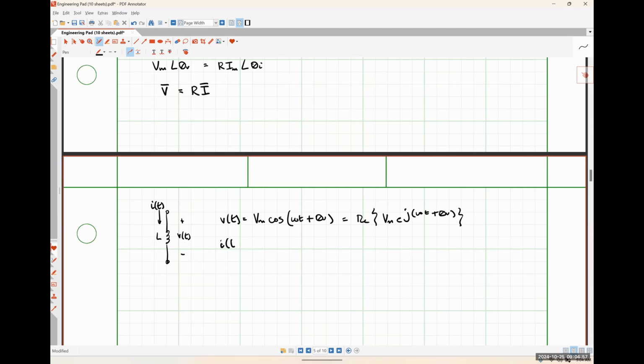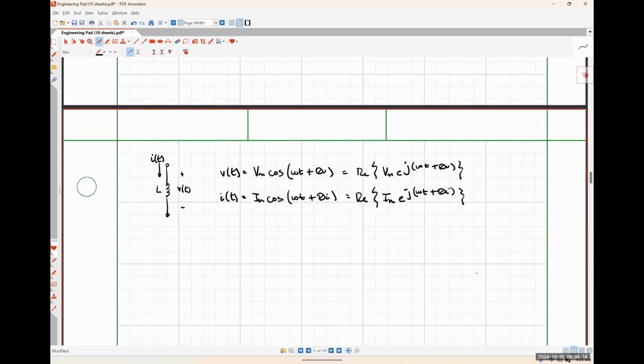And i of t is equal to Im cosine omega t plus theta I, which is the real part of Im e to the j omega t plus theta I.